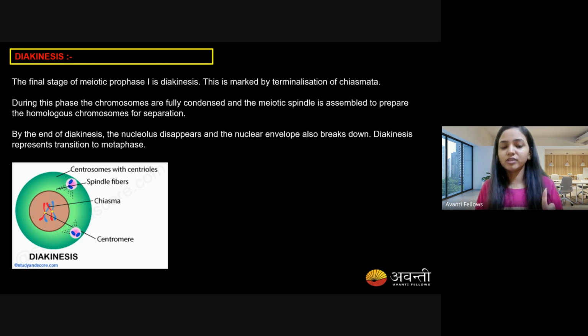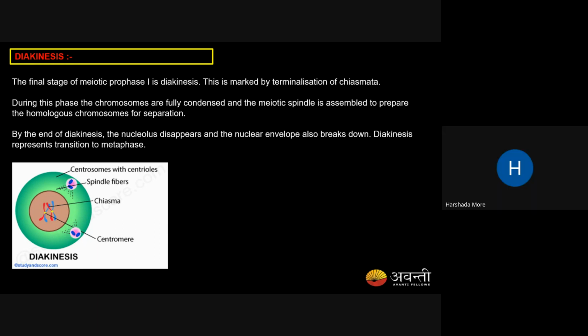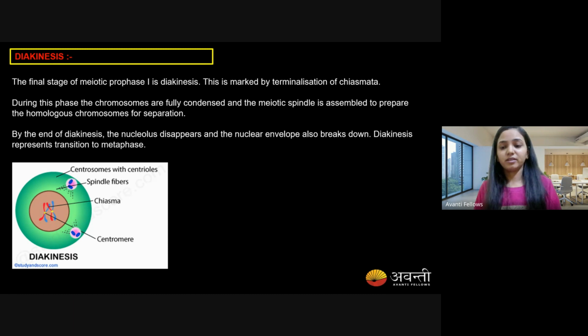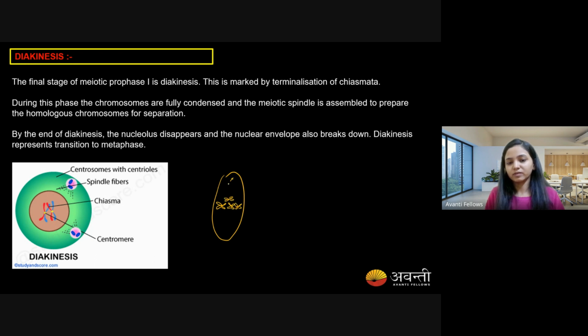Is there any need for separation of chromosomes? No, ma'am. So in anaphase 1, there is no splitting of the centromere. Let's suppose we have 4 chromosomes. We are in this phase.